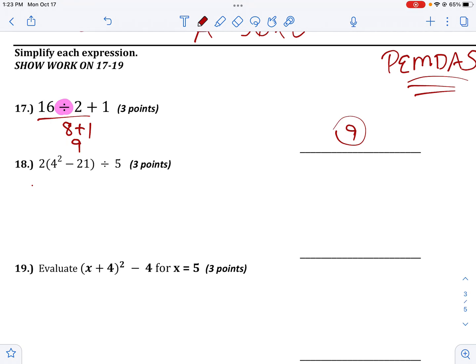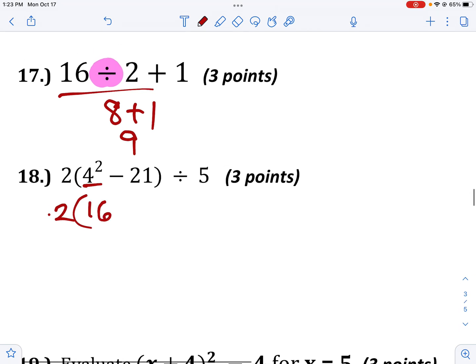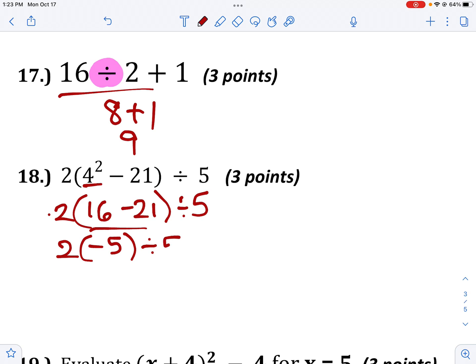Number 18, I have a lot of things going on. I see an exponent, I see parentheses, I see subtraction, multiplication, and division. I look first in my parentheses. I can simplify 4 squared. 4 squared is 16 minus 21 divided by 5. I carry everything down. Then I continue inside my parentheses, and I have 2 parentheses negative 5 divided by 5.